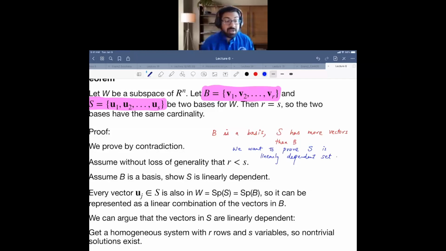So if it's a linearly dependent set, it will not qualify as a basis. You will have to go down to the smaller one. What is that? With R vectors, that is the set B, right? B will be your basis. So in other words, S can't be a basis for the subspace W.